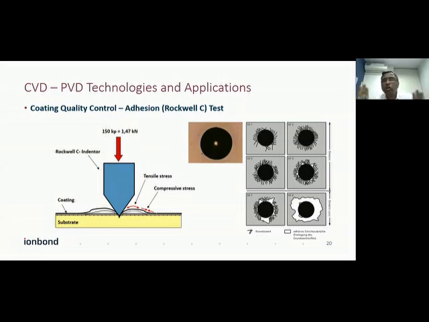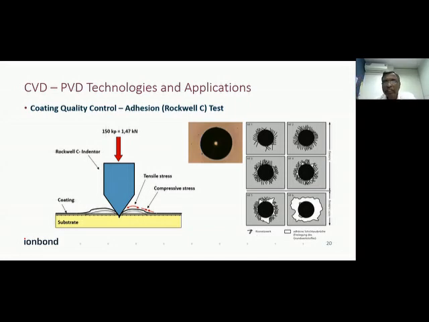See, on the shop floor, we have a Rockwell C hardness tester. On that hardness tester, the load we apply on the indenter is 150 kgf. Wherever the coating is, you make an indentation on that part and see that indentation under high magnification, say 100x.